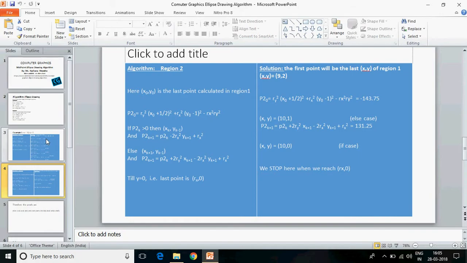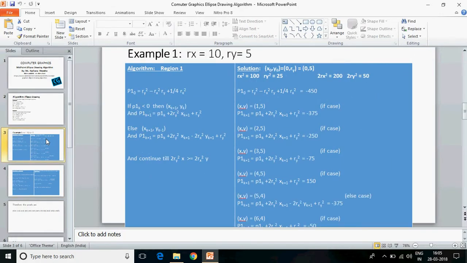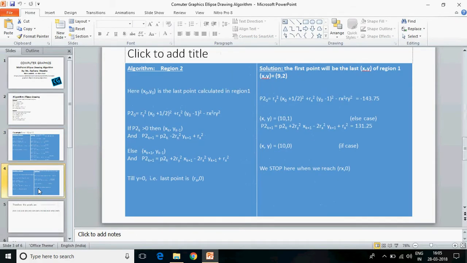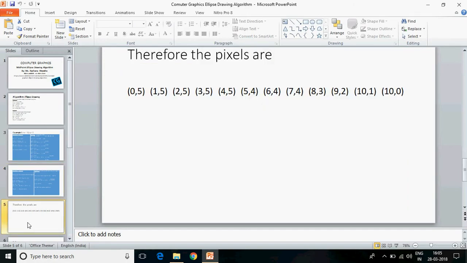You can see here rx is 10 and 10, 0. 0 because we are on the x-axis, y is 0. So this is our last point. These are the pixels that we calculated from here up to here, region 1. This is region 2.